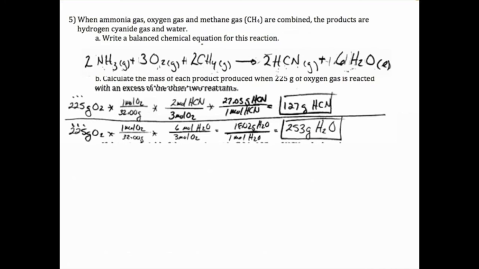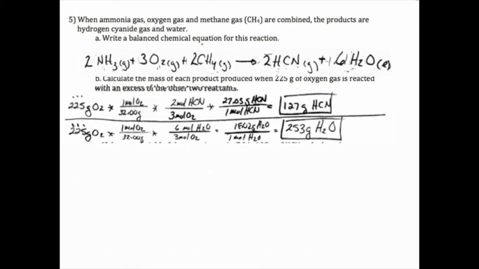Calculate the mass of each product produced when 225 grams of oxygen gas is reacted with an excess of the other 2 reactants. The words excess with the other 2 reactants is telling us that oxygen is the limiting reactant. We do not have to concern ourselves with the amount of ammonia or methane in this problem because we're going to run out of oxygen first.